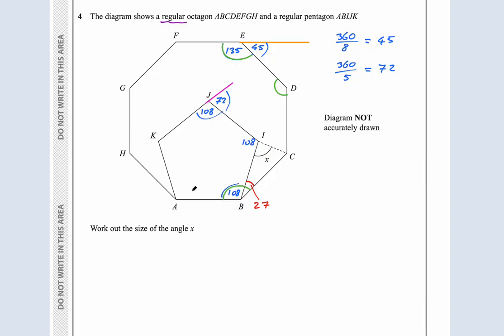And it is that, look, the side of the pentagon is the same length as the side of the octagon. This side here is a side of the pentagon and it's a side of the octagon. And because it's regular, they're all the same.